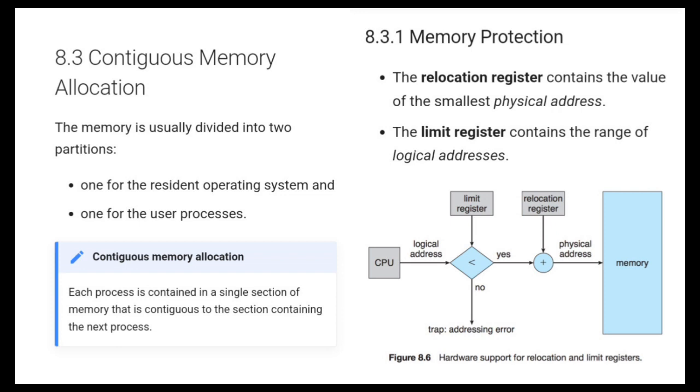From the CPU, the logical address goes to the limit register, then to the relocation register, and then the physical address goes to memory. Otherwise, it is a trap, an addressing error.